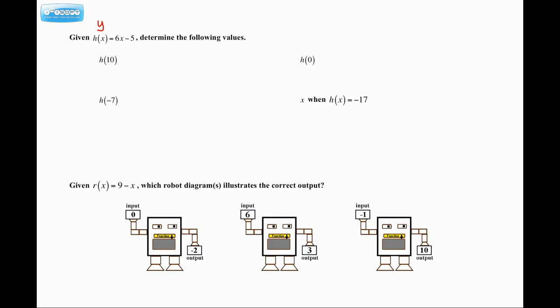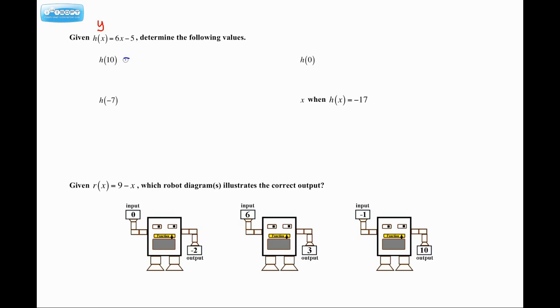Well, if I wanted you to determine what's the y value when x is equal to 10, I would actually have to write out that entire sentence. Well, I can say that just as easily by just writing h of 10. Okay, it means the same thing. H of 10 means what is my y value when I choose x to be 10.